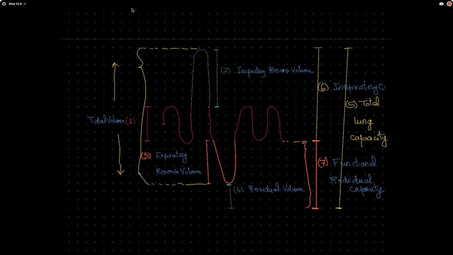The maximum amount of air that I can move in and out of my lungs, this is what we call the vital capacity. And what's forming the vital capacity? It's formed by the inspiratory reserve volume, the tidal volume, and the expiratory reserve volume.